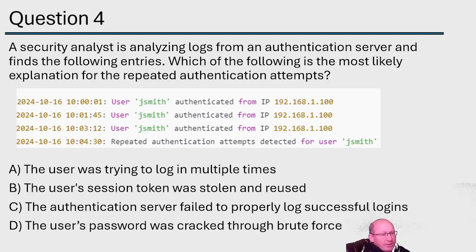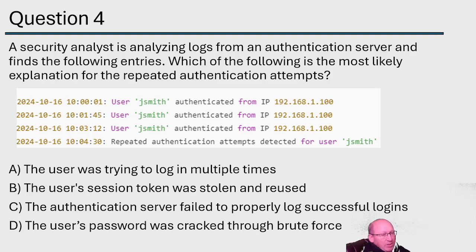C, the authentication server failed to properly log successful login attempts. No, it's logging it. It's right there. We can see it. So not a big deal. Maybe if it's messing up, maybe that's what it's trying to say. But again, I don't think so, because the timestamp indicates that these were done at different times. And so probably not a correct answer.